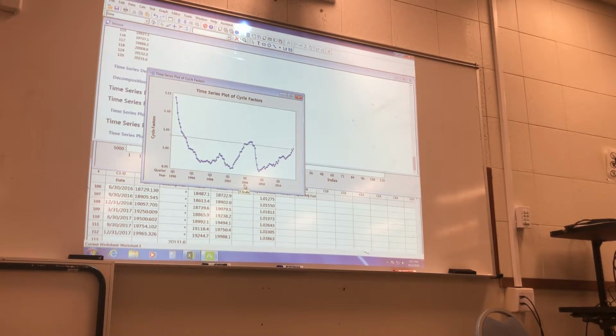Then to get the cycle adjusted forecast, we multiplied the last number of the cycle factor by the forecast, and that became our cycle adjusted forecast. And it's exactly the same as the decomposition forecast, except we put it all the way down here.